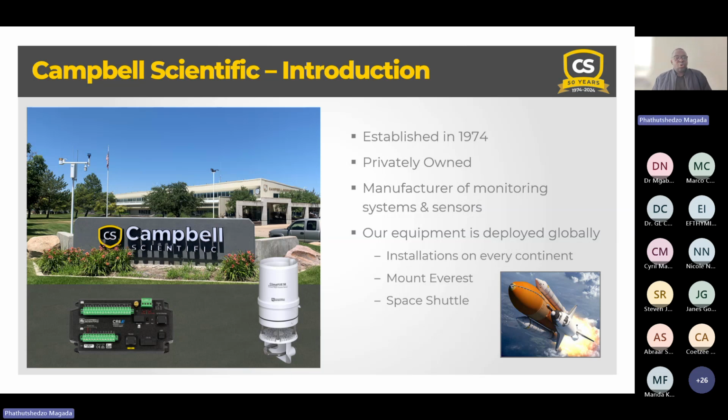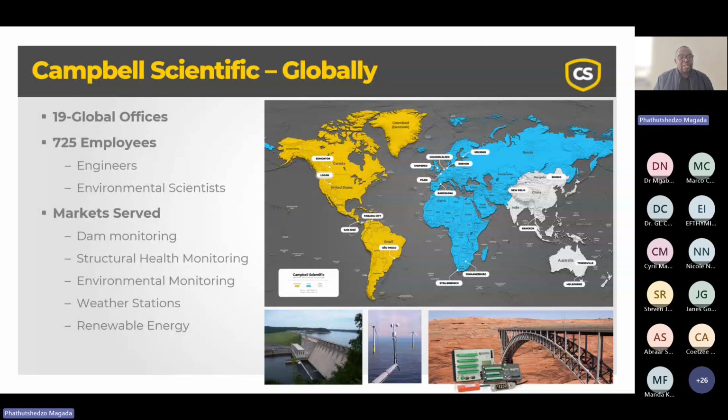We have more than 20 global offices and more than 725 employees, all with capabilities in engineering and environmental science to ensure that they are able to serve the market in all technical requirements the market needs. So this provides well-dedicated resources to serve the market globally.